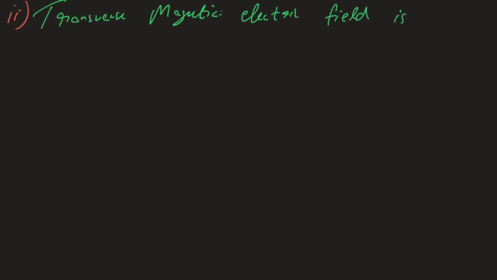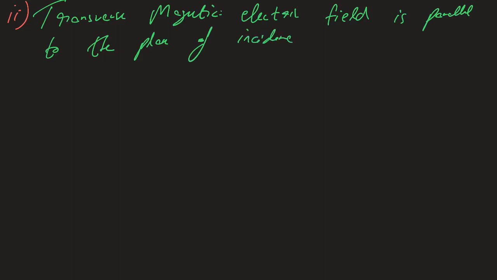The second definition that I wanted to introduce is, of course, not obvious, but still: transverse magnetic. Okay? And what is transverse magnetic? Transverse magnetic is the case when the electric field is parallel to the plane of incidence.